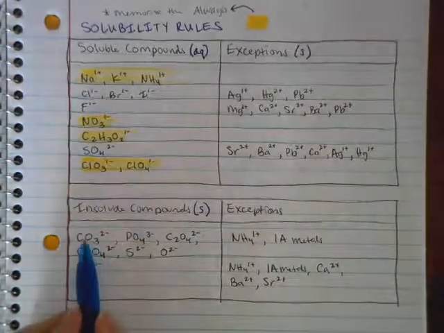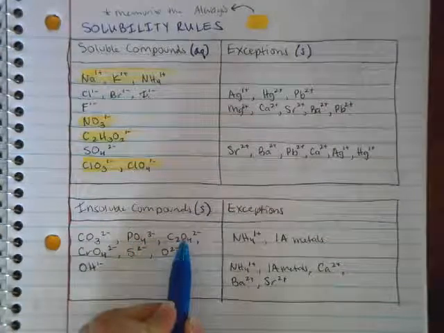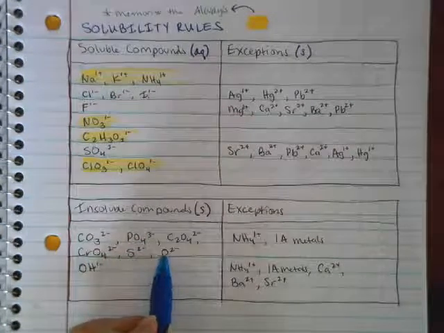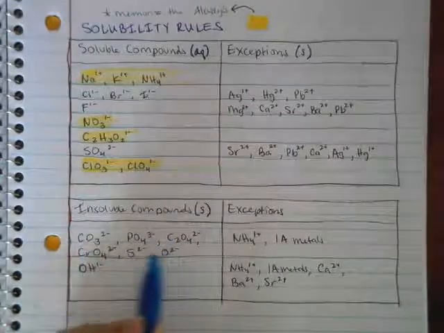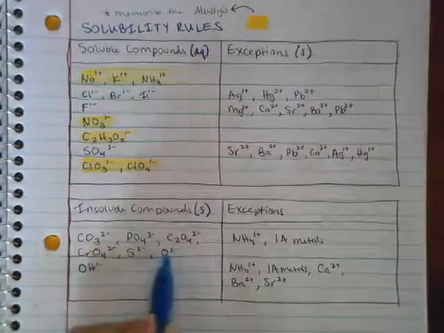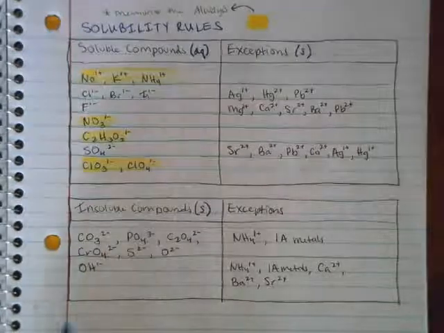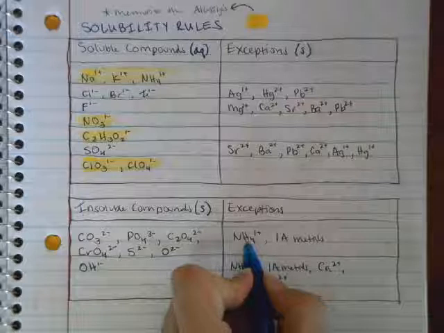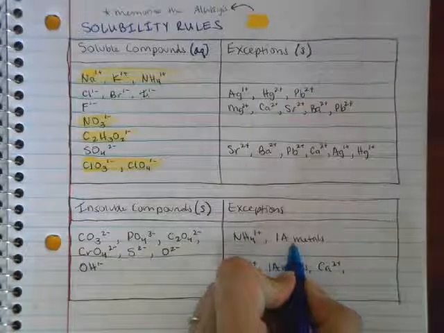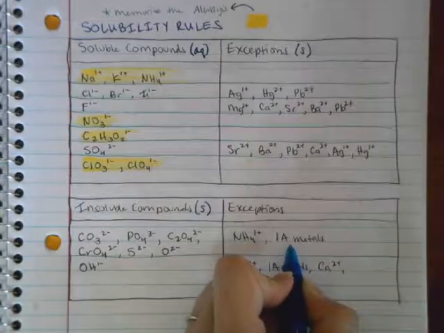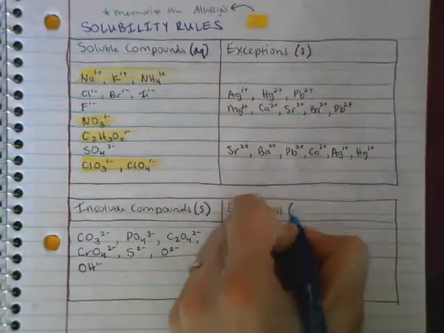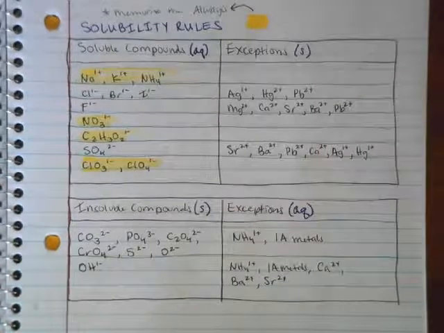For carbonate, phosphate, oxalate, chromate, sulfide, and oxide, any compound containing these polyatomic anions, and these two are monatomic, will be solid unless one of these is bonded to either ammonium or a 1A metal. So that's sodium, lithium, potassium, those guys. If our compound meets the exception, then it goes back to being aqueous.